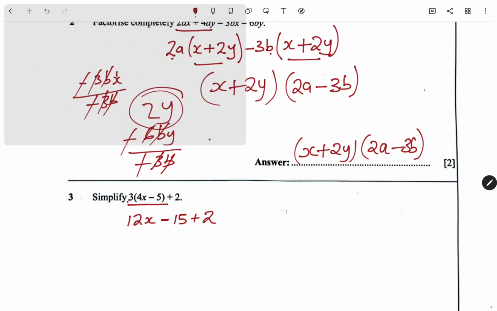Plus 2. Now, let's look at this guy. Remember, if we have different signs, we subtract big number minus small number. So it will be 15 minus 2, which is 13. Now, what is the sign of the big number? The sign of the big number is negative, so it will be negative 13. Then here we're going to have 12x.